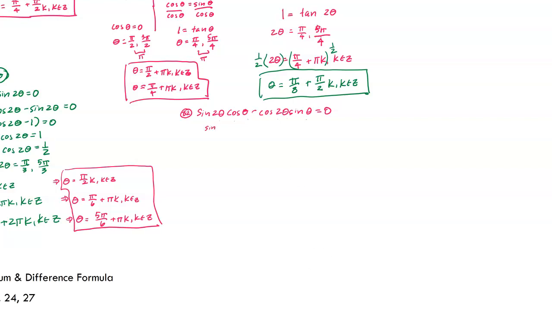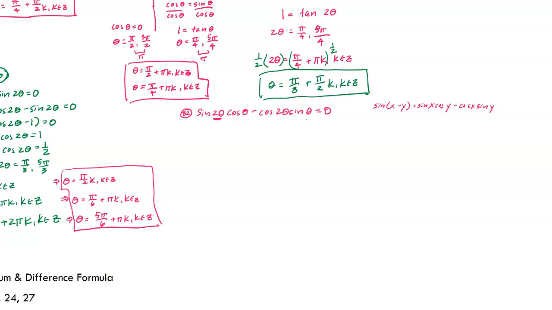Sine of x minus y equals sine of x cosine of y minus cosine of x sine of y. And that's the formula that I need to use.